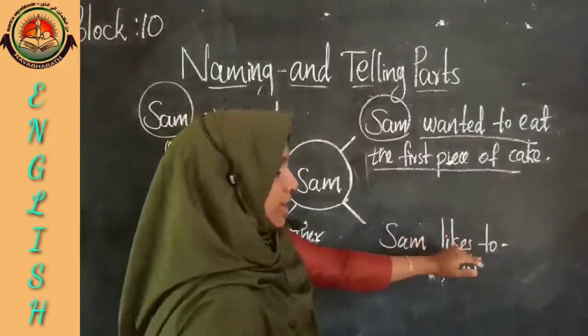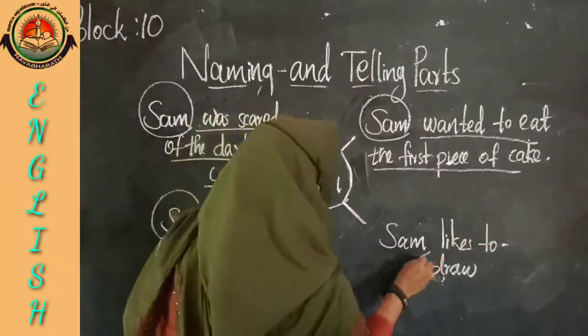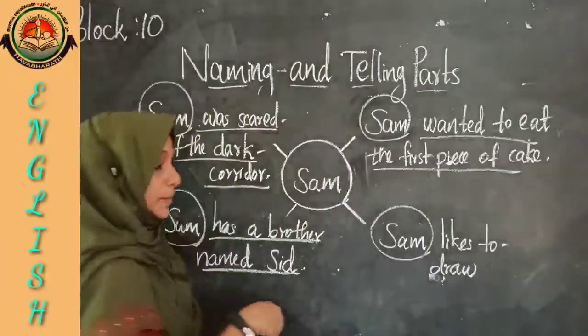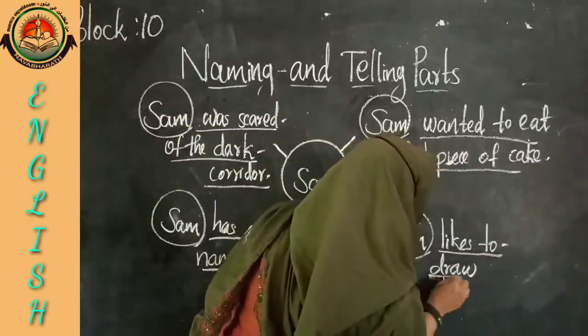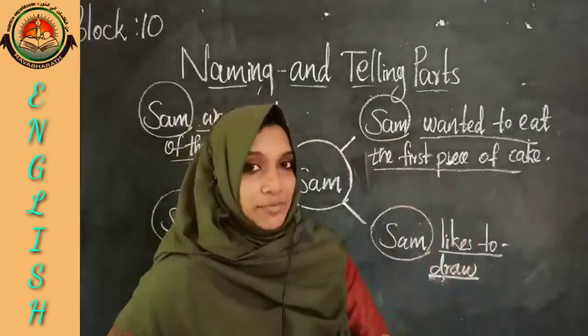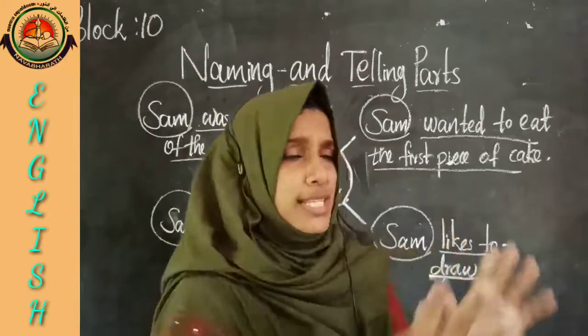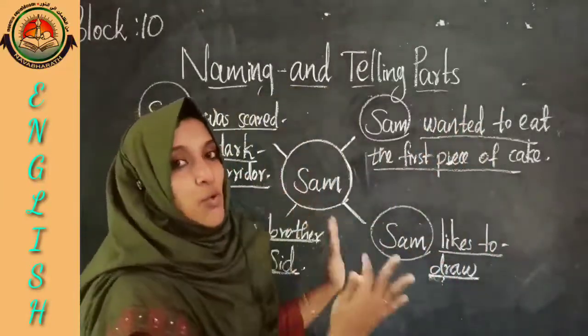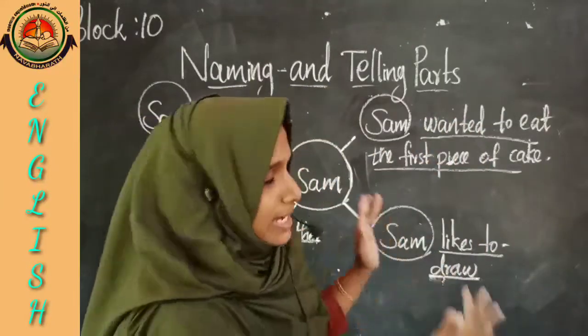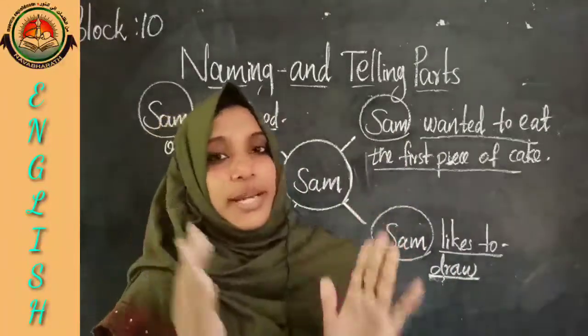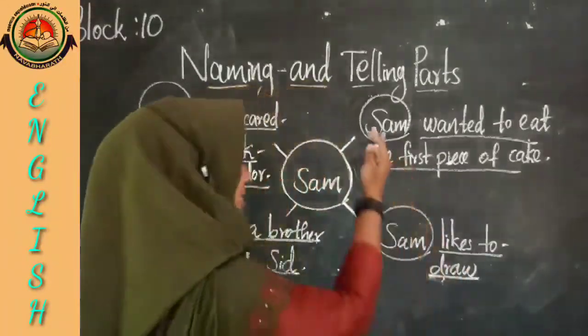And Sam likes to draw. So here too, Sam is the naming part, and likes to draw is telling something about Sam. Right. So, okay, now tell me, who are these sentences about? Right, these all sentences are about Sam. Sam is the naming word.